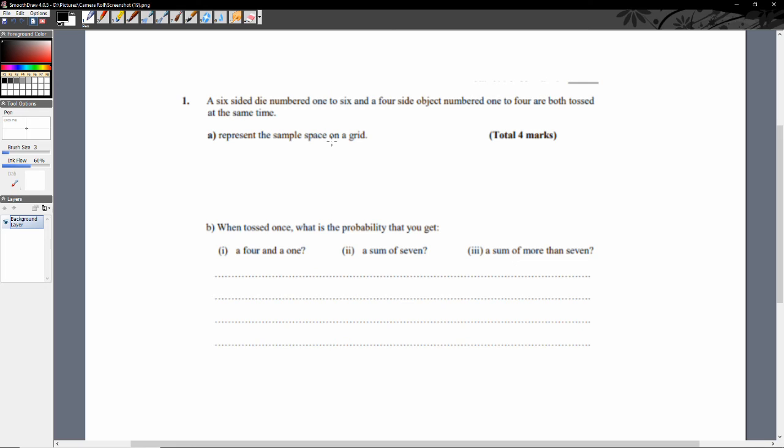So you have your die, and that can have possibilities 1, 2, 3, 4, 5, or 6, and then a 4-sided object, 1, 2, 3, 4.